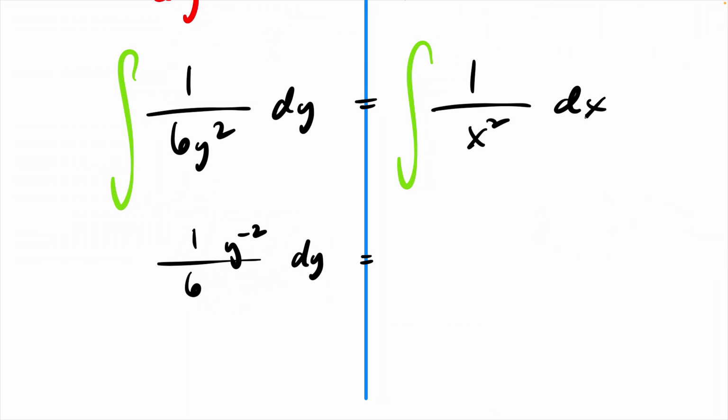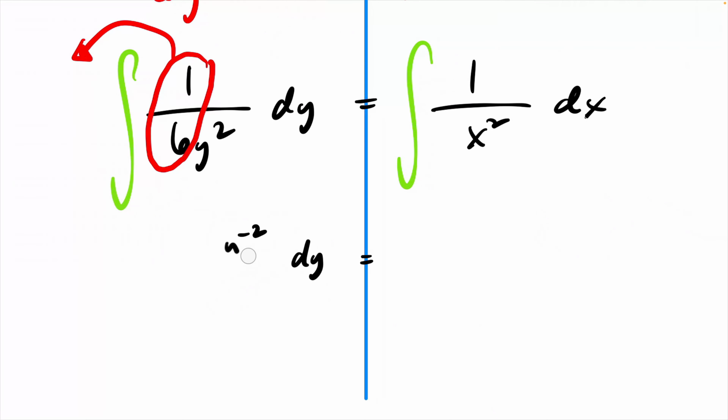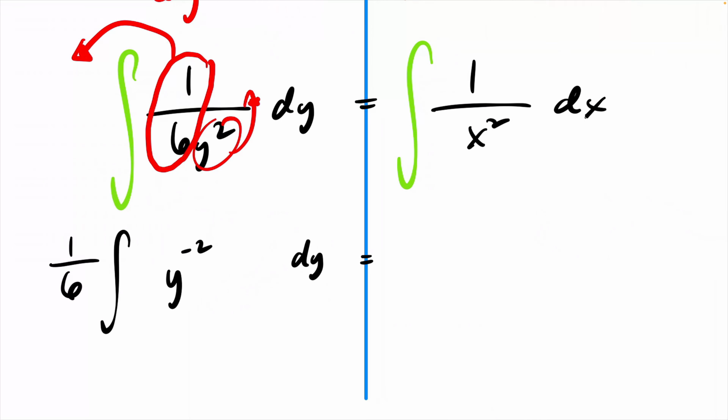And then actually 1/6 is a guy I can move to the front. I should have done that before. 1/6 is going to come to the front because it's just a coefficient. It's multiplying. 1/6 is multiplying times y squared. And then to move it up, I need to make it negative, right?